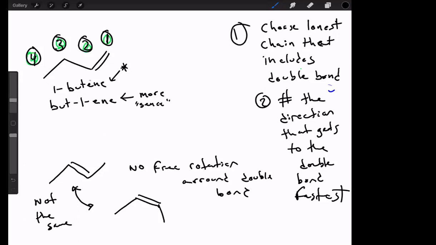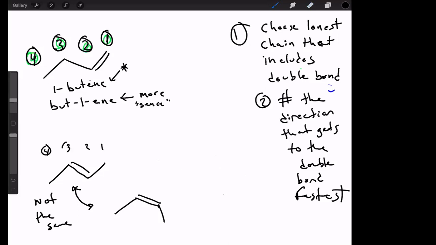Well, what about these two guys? They're both butenes, but where do I number from? Well, in both cases, it doesn't matter which side I number from because I get to the double bond in the same space. So it's going to be 1, 2, 3, 4.